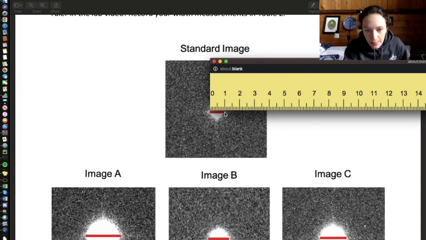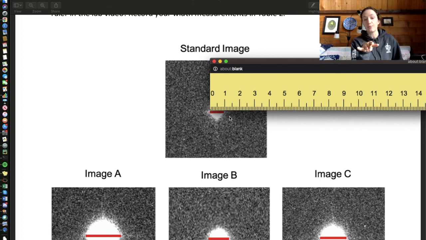So where I am, it looks like I'm getting really close to 1 inch. Sorry, no, not inch. These are in centimeters. So I'm getting about 1 centimeter, if not like 0.95 centimeters. You do not have to get super specific. I would say 0.9 to 1 centimeter, because I can't really tell the difference without zooming in.